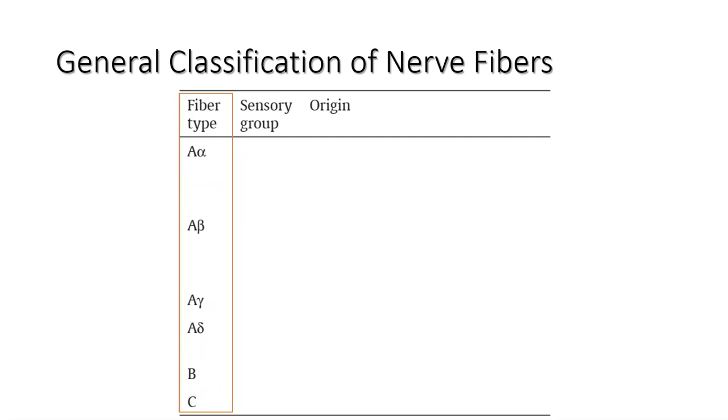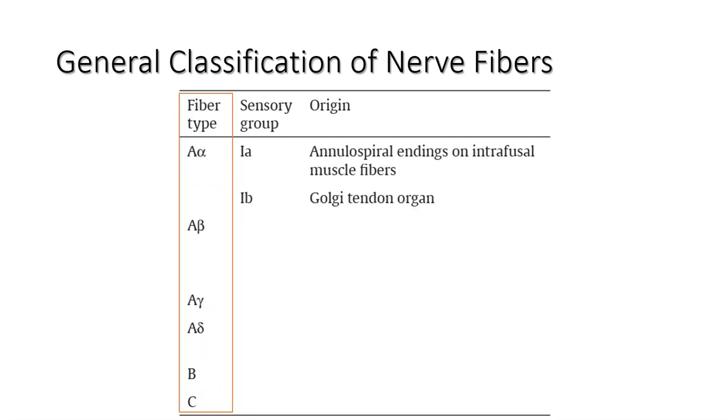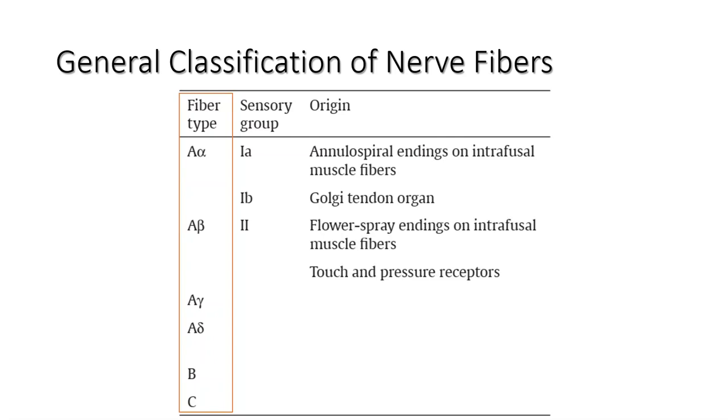A alpha fibers. These fibers are group 1A and 1B fibers in the sensory classification. A beta fibers. These fibers are group 2 fibers in the sensory classification. A gamma fibers. These are absent in the sensory division of the nervous system.